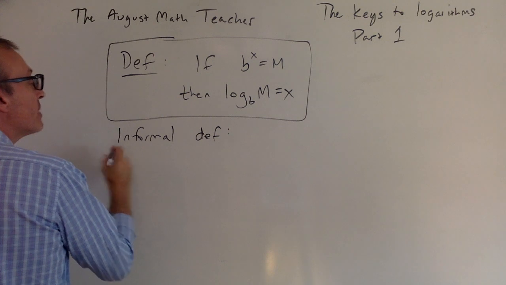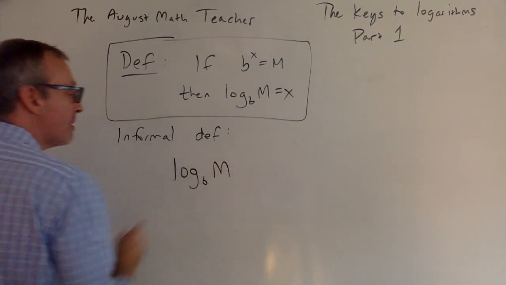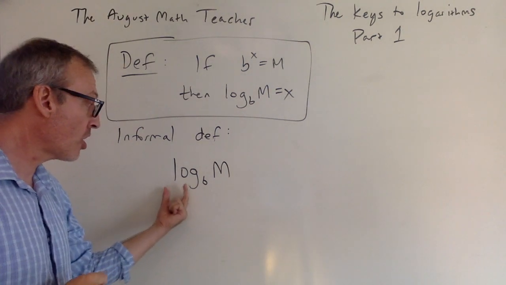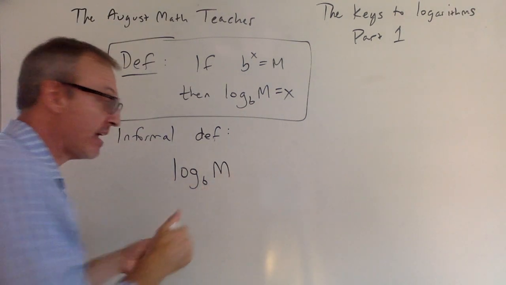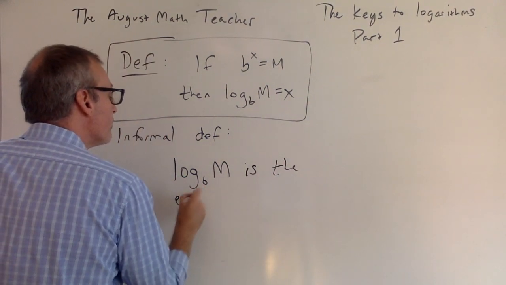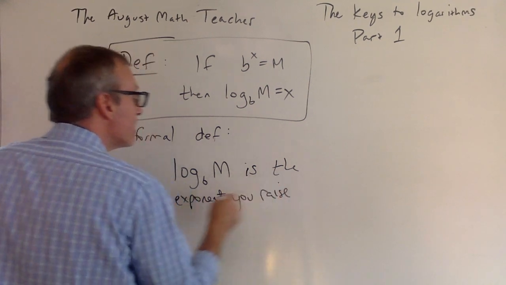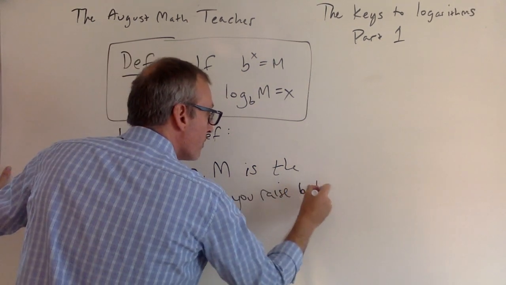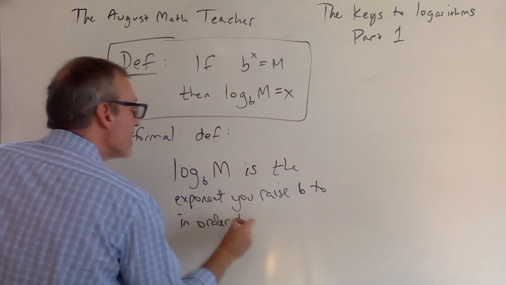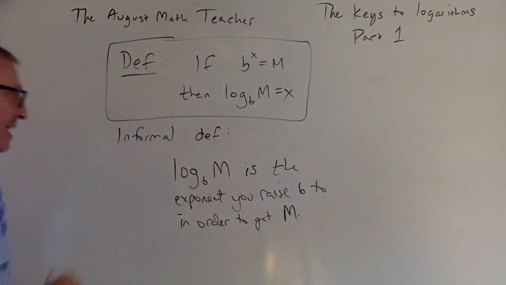The informal definition is that the log base b of m, that's how you pronounce it, and you should learn to pronounce it correctly, is the exponent you raise the number b to in order to get, as a result, the number m.